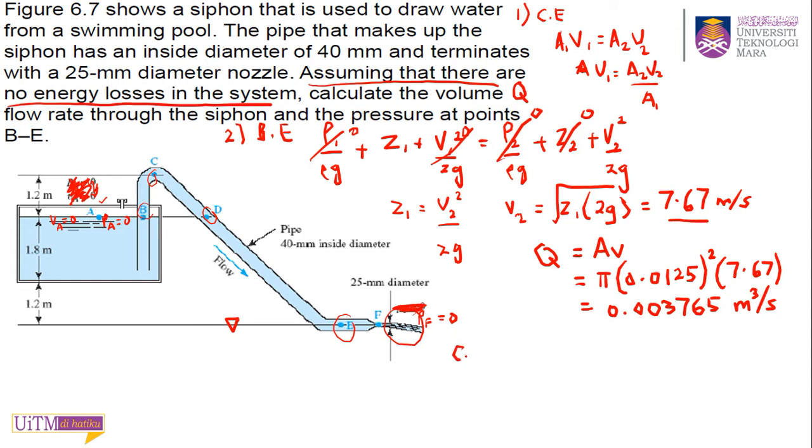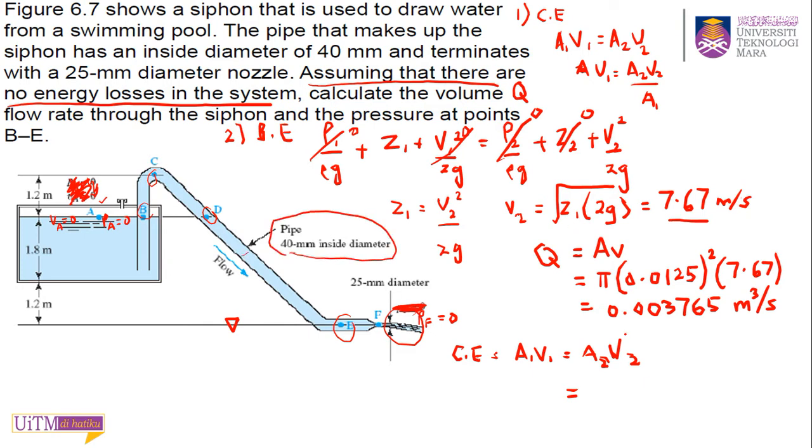Okay, the continuity equation tells you that A1 V1 equal to A2 V2. So you have this A2 V2, 0.00376, and you can divide by your area at B. If you look, B, C, D are all in the same area, right? All are 40 mm inside diameter.